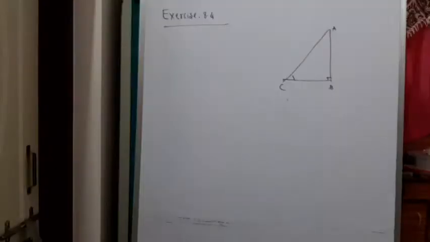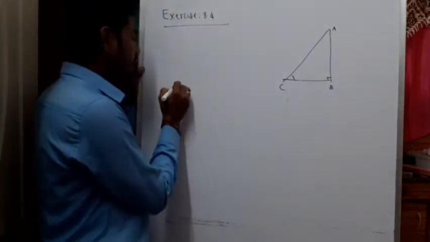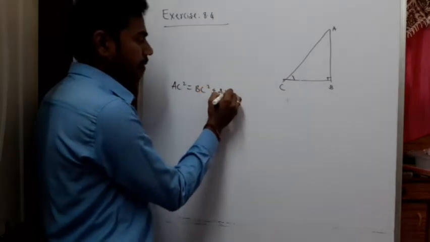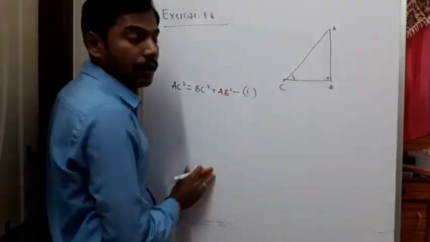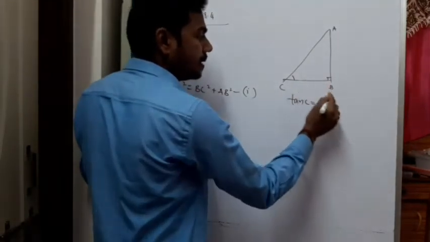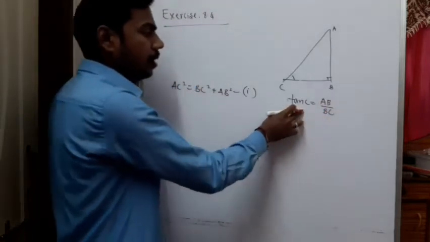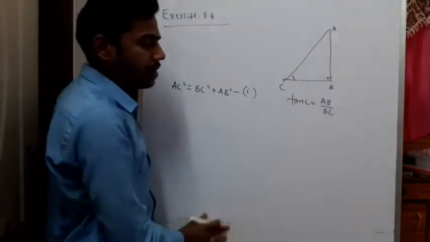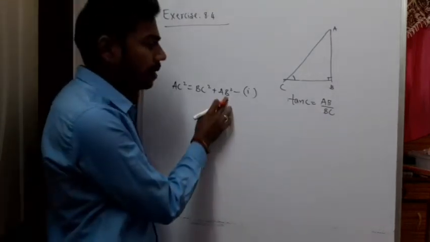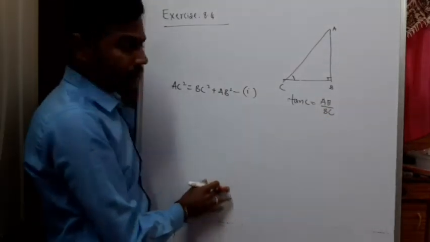Next, we know the Pythagoras theorem. AC square is equal to BC square plus AB square. We'll call it equation 1. Now we have a tan C relation. Tan C is equal to opposite by adjacent, that is AB by BC. Now I want to express this equation in terms of tan C. If I want tan, I will divide the entire equation by BC square.